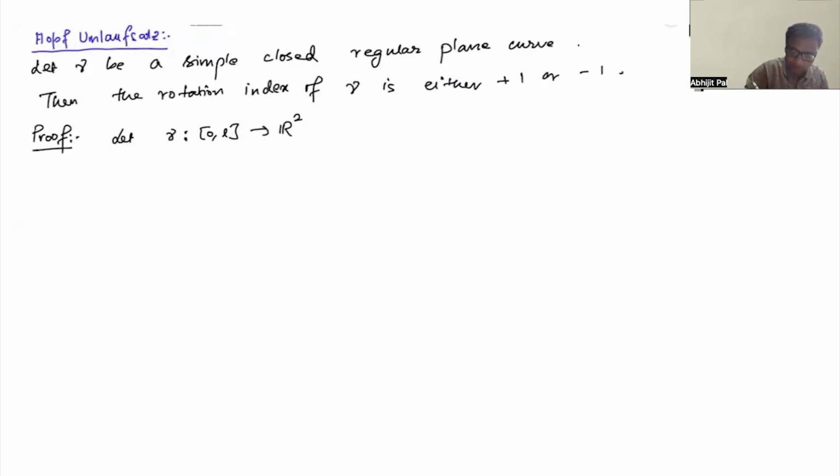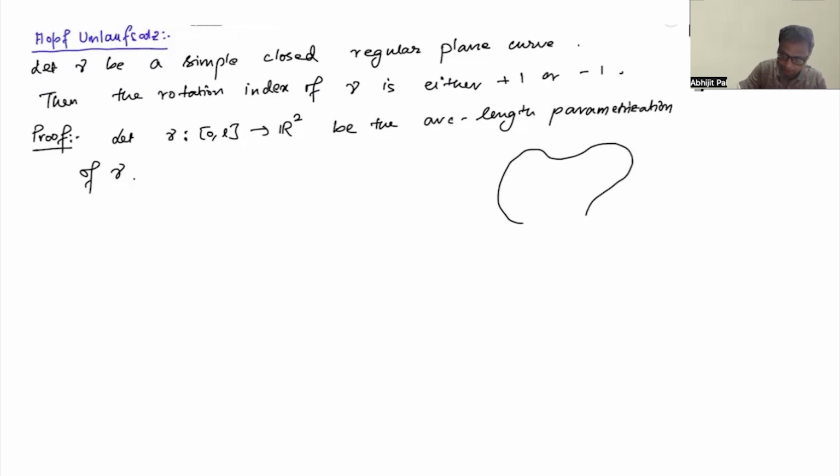This map is the arc length parameterization of gamma. Then this gamma will be a unit speed curve. It will be something like this.